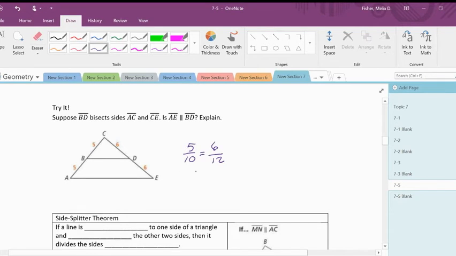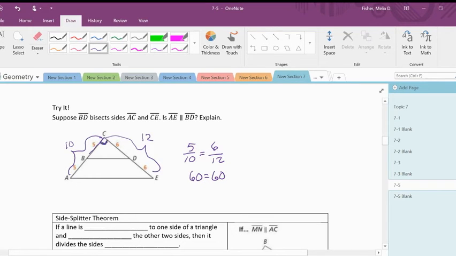And if I multiply 5 times 12 is 60, and 10 times 6 is 60. So those sides are proportional. The short piece over the long piece being 10, and the short piece and the long piece is 12. That's where those numbers came from.